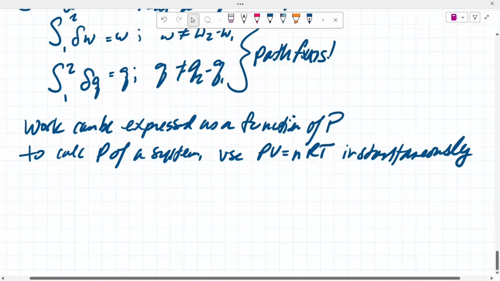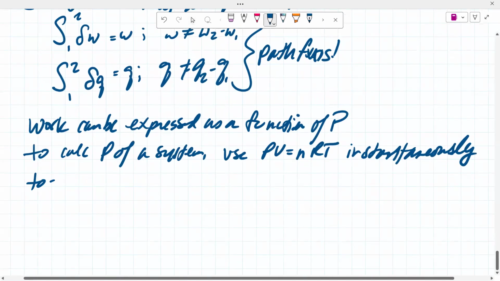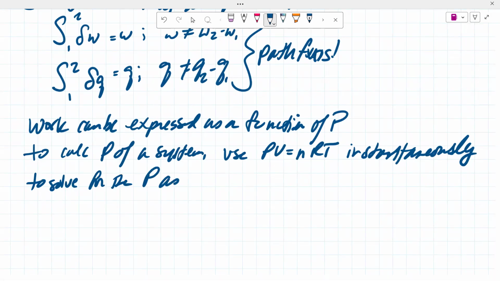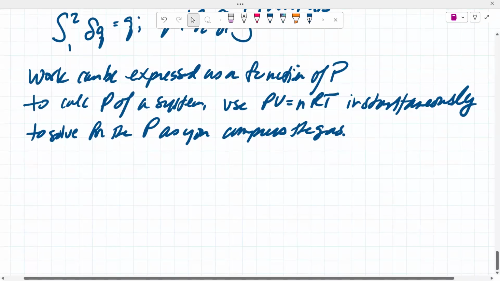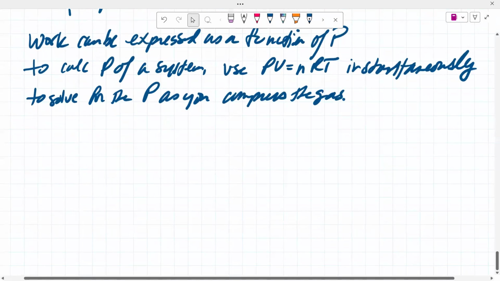Solve for the pressure as you compress the gas. Remember, we're doing this stepwise instead of in one fell swoop. So you would need to do it a little bit at a time, right? So the pressure would change. So what you need to do is you need to recompute many times. So it would be something like this.